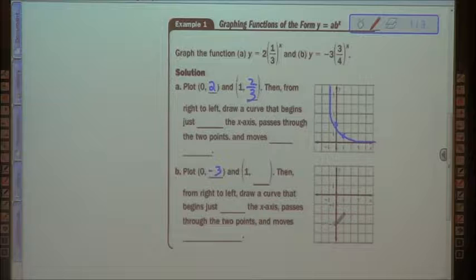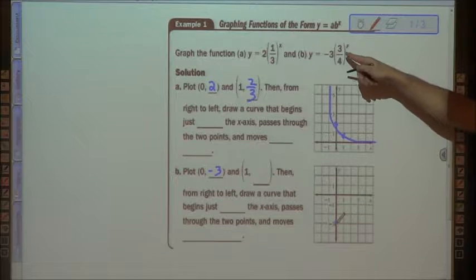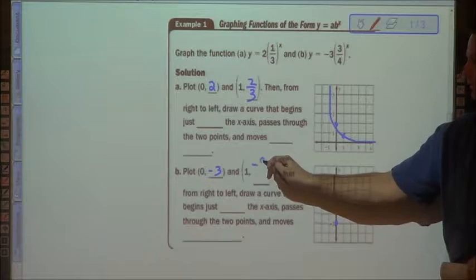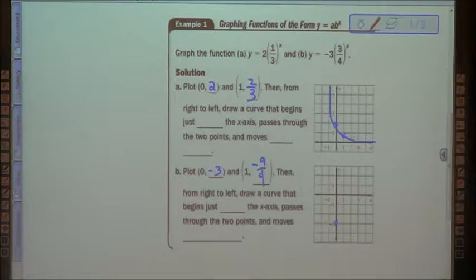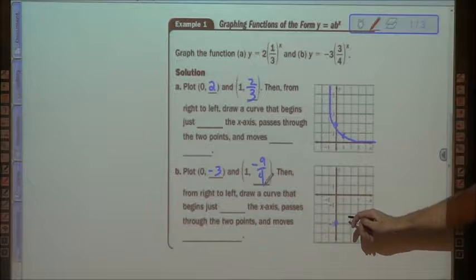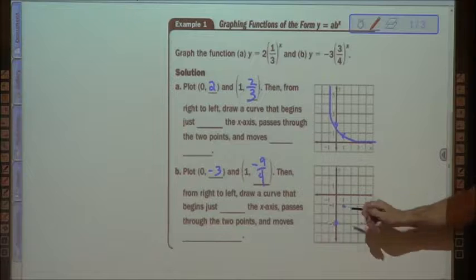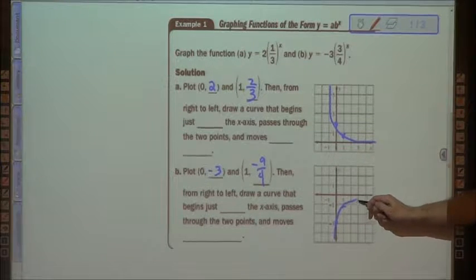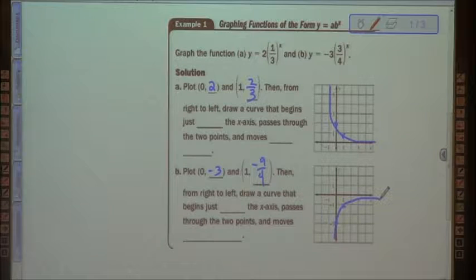If x is 1, 3/4 to the first power is 3/4, times -3 would be -9/4, which is negative what, 2 1/4? Right there. And what's the asymptote on this one? 0. Just curve it like that.